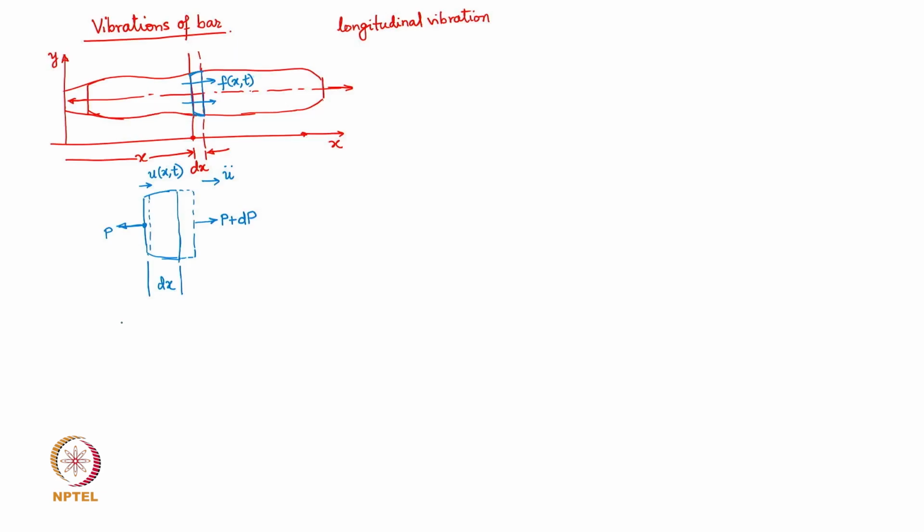Now if you see the total mass of this element, it is going to be rho of x. It's a density at a position x. The cross section of the bar is A, that also may vary with x distance. So therefore I can write the cross sectional area A at position x.